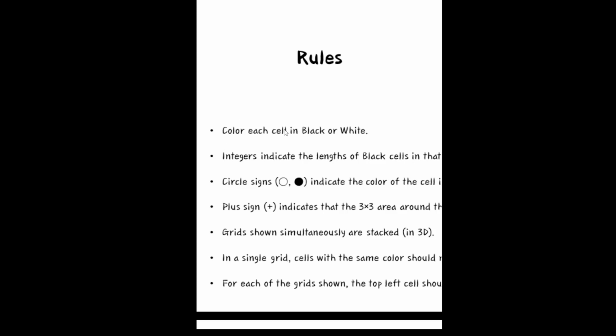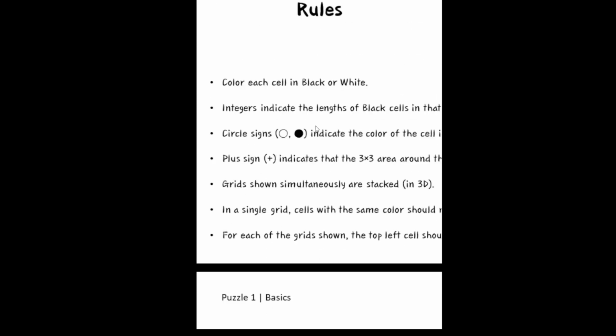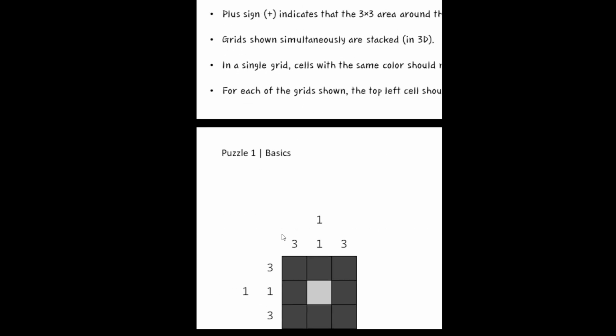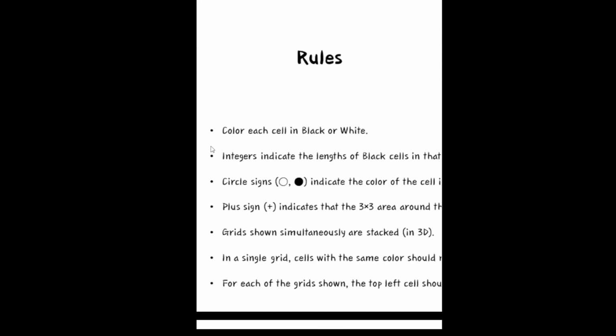We are coloring each cell black or white. Integers indicate the lengths of black cells in that... it must be row or column, right? What else could it be indicating? Like a 2 by 2 square? No, that doesn't make any sense. It must be. Okay, this one I feel pretty good about.